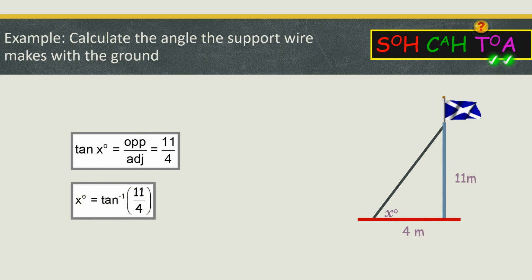And so x equals the arctan of 11 over 4. And we're going to use our fraction button on our calculator to get an exact value, because we don't want to do any unnecessary rounding. And that gives us an x value of 70 degrees. So the angle that the support wire makes with the ground is 70 degrees.